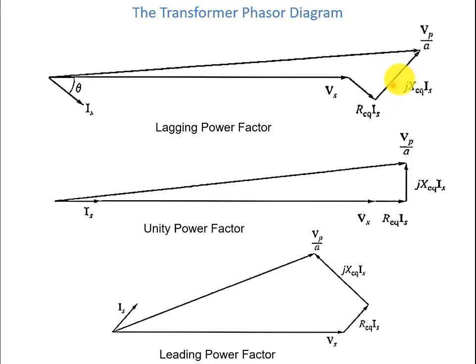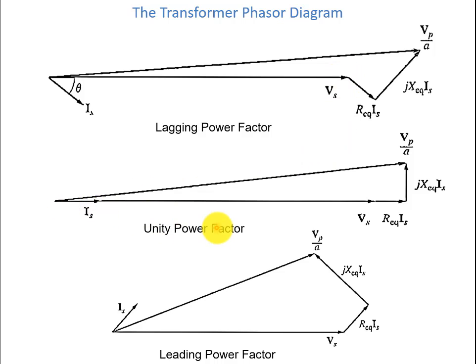We add this jX equivalent Is, and the resultant will be Vp over a. In this case, we can see that Vp over a is greater than the secondary voltage Vs, the reference voltage.